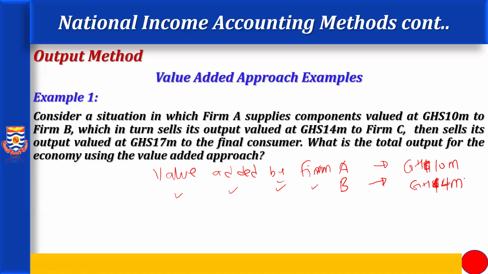Then firm C also took that 14 million and sold it at 17 million to the final consumer. So the value added by firm C is that they had 14 million. They manufactured something and sold it at 17 million.